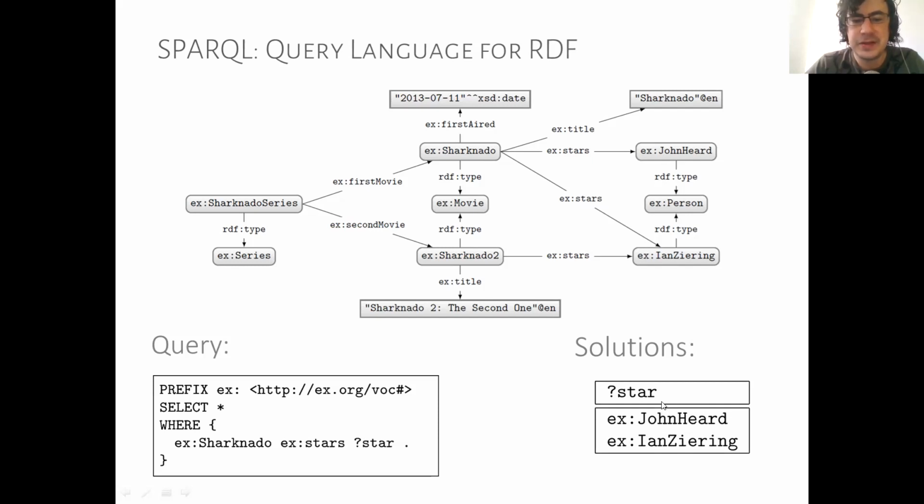What does this mean? It means that if we take every solution, John Hurd is one solution, and we replace the variable here with that solution, then the result is contained in the graph. So Sharknado stars John Hurd is contained in the graph here. And we get a solution for each such mapping of variables to terms in the RDF graph.